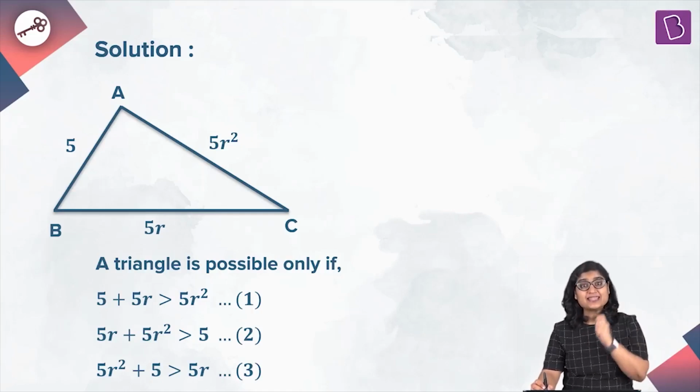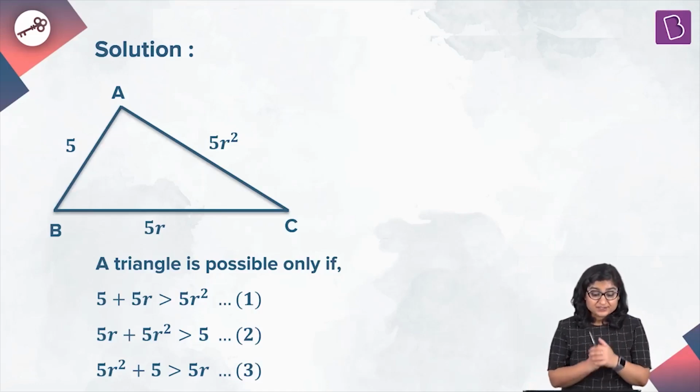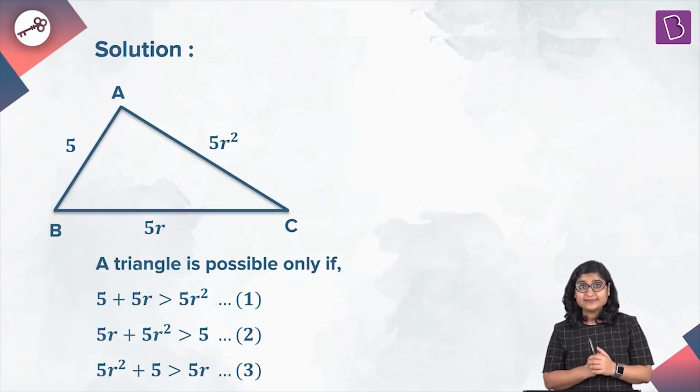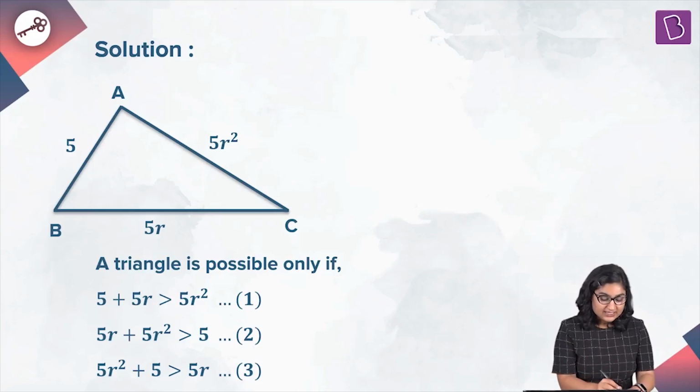That means at the end, when we solve for these 3 inequalities, we will get 3 intervals. At the end, we have to take the intersection of these 3 intervals. All right. So the intervals that we will get after solving 1, 2 and 3, we have to take their intersection.